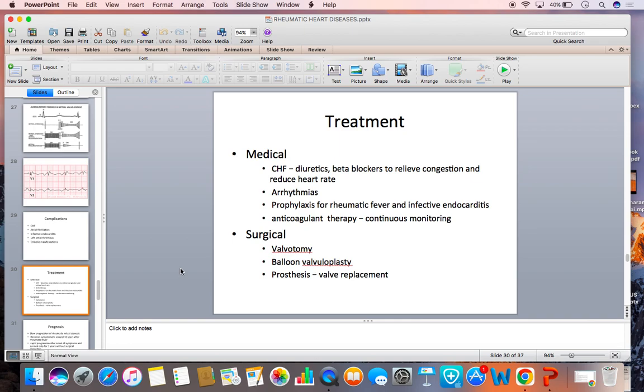Then every patient with symptomatic mitral stenosis should be counseled to undergo surgery. Surgical correction is the treatment of choice for symptomatic mitral stenosis. Once the symptoms set in, the longevity is not more than 3 years.